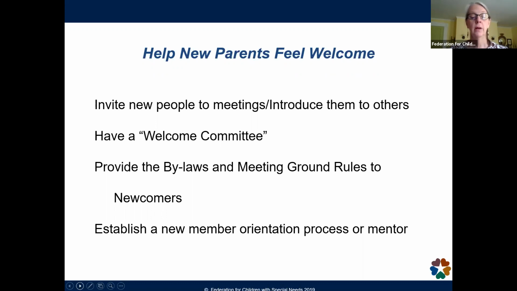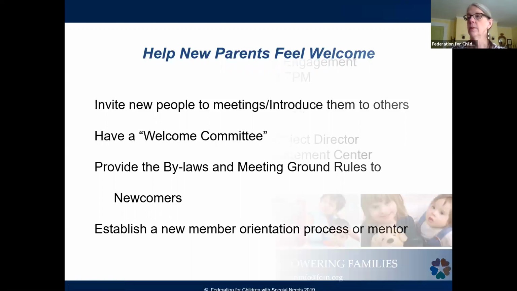Give new people your tools for how you operate, whether it be your mission statement, your bylaws, and even the ground rules at a meeting, so that they can be successful new members. And there might be a formal new member orientation process that you can put into place so that you can ensure that anyone who's new to your meeting feels welcomed, feels a part of the group, and has the tools that they need to participate.